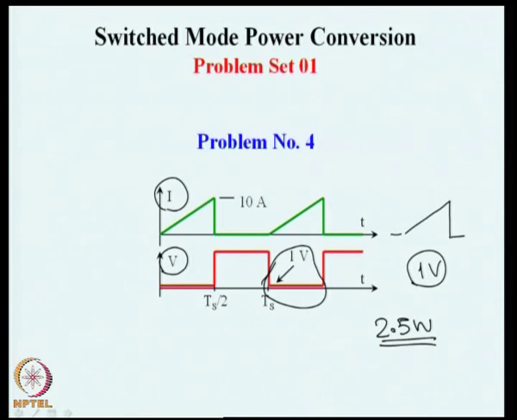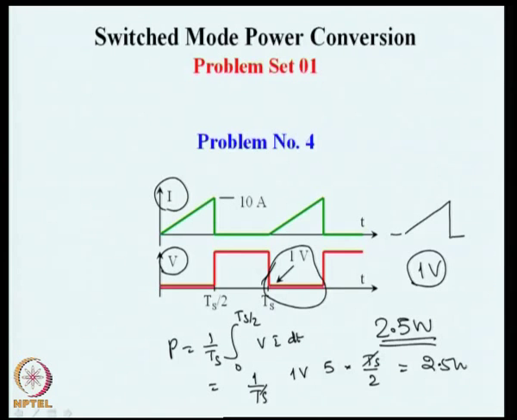In this case, because V is constant, the power loss P is 1 by Ts integral 0 to Ts by 2 Vi dt, and this turned out to be 1 by Ts. V is constant, which is 1 volt, and I varies from 0 to 10. So, the average of I will be 5 and over a period of Ts by 2, and that comes to 2.5 watts. So, that is how we calculated the power loss.